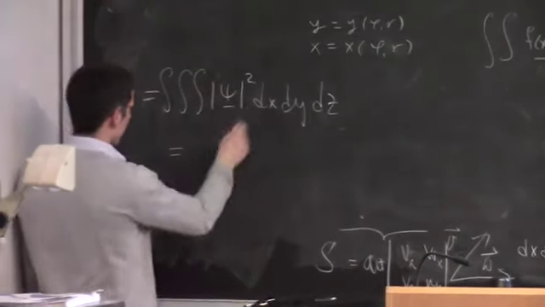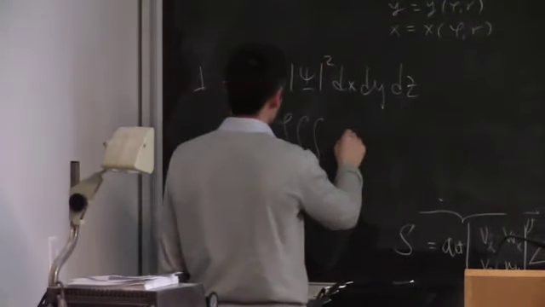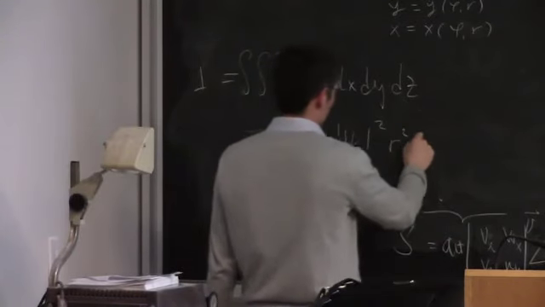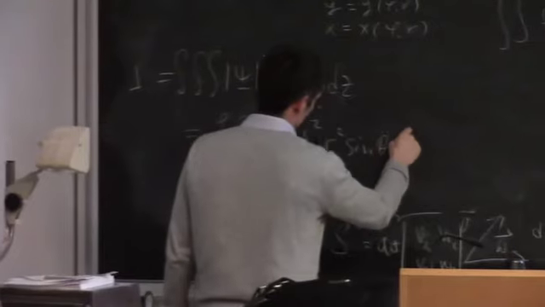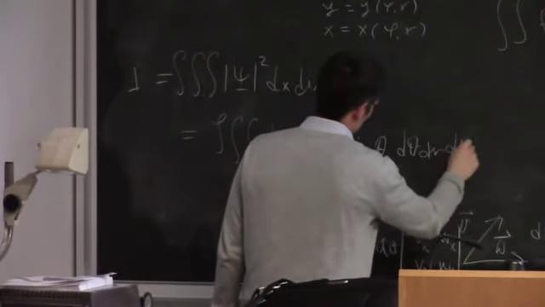Now, in the spherical coordinates, you also have three integrals of the function squared, but there is also the Jacobian.